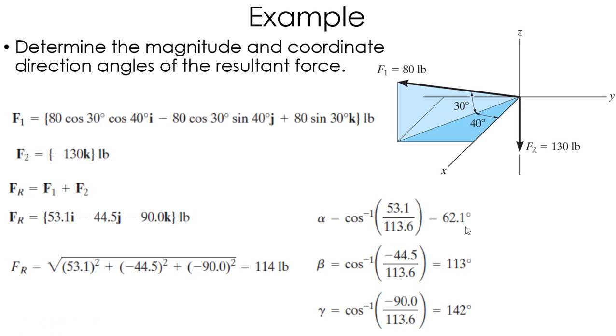Once I go beyond 90 degrees, it becomes very challenging for me to actually visualize what this direction actually is, which again leads me back to what I said, where I prefer this sort of representation of the vector. But the problem asks for the magnitude given here and the coordinate directions given here.